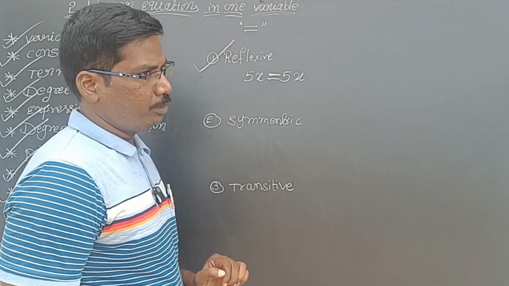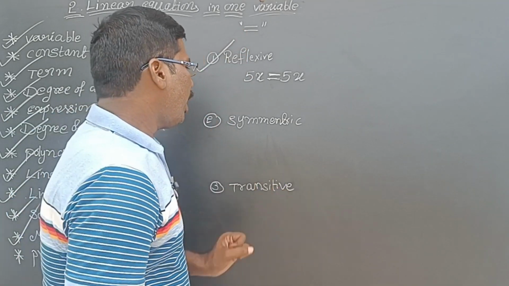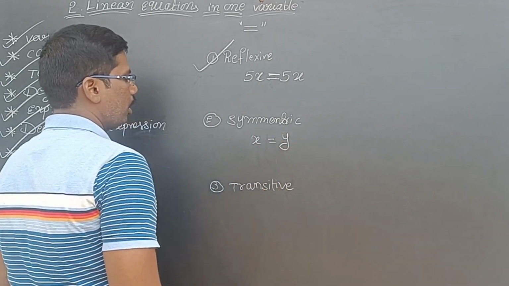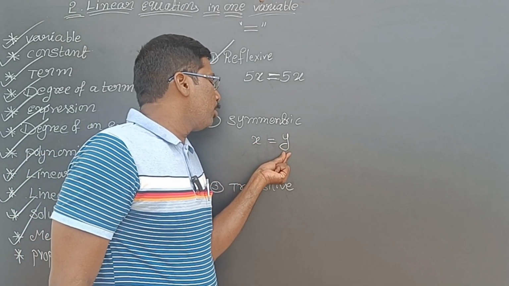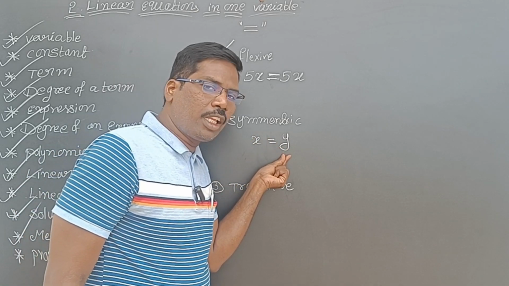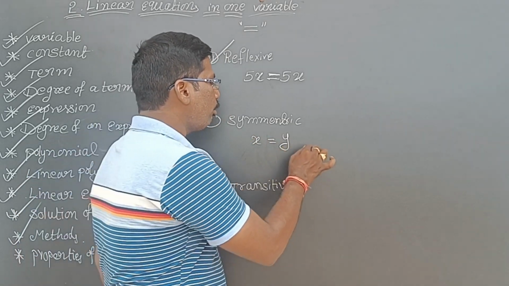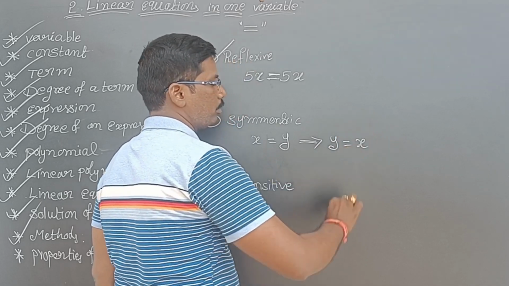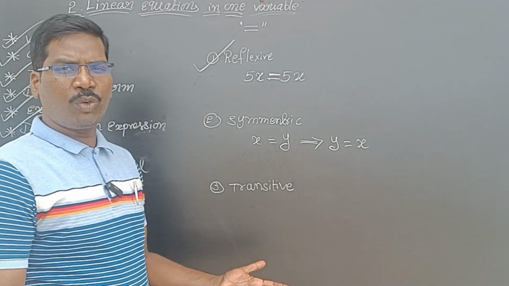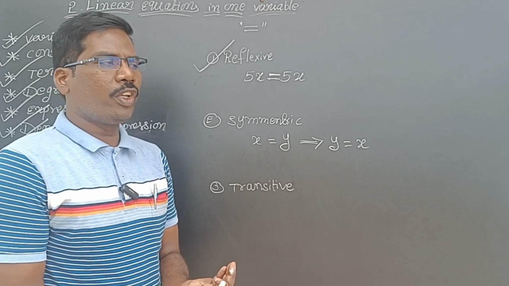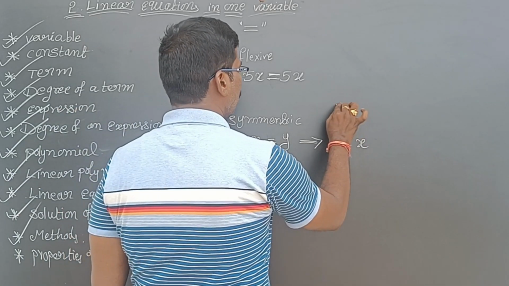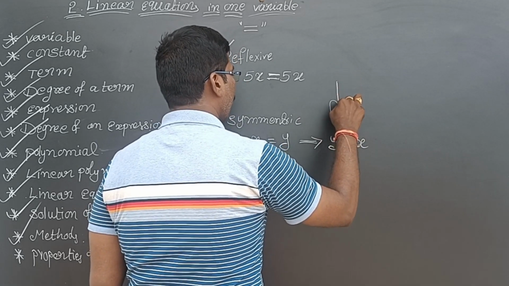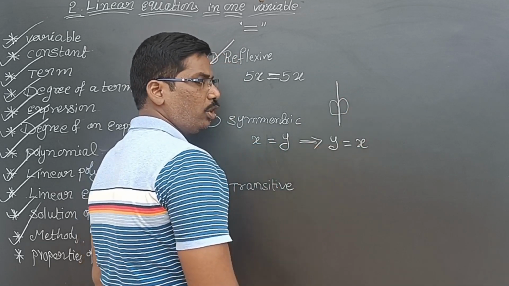Next, the symmetric property. If the first number is equal to another number, or the first term is equal to another term, then the second number is also equal to the first number. We know symmetric very well from the lower classes. An apple, if I divide it with one line, the two parts will be equal to each other.